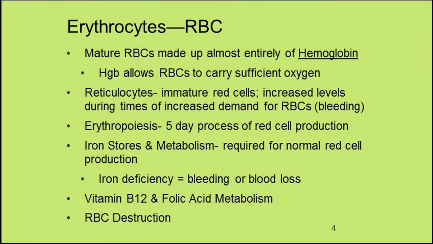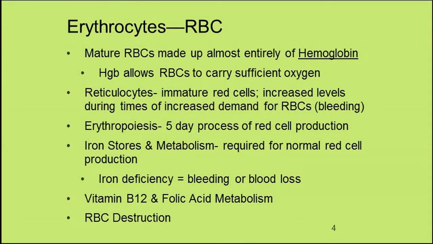So usually whenever we see iron deficiency, it's an indication of bleeding, an active bleed, or blood loss at some point. That's another way, looking at an iron level, that we can evaluate if there has been blood loss at some point.